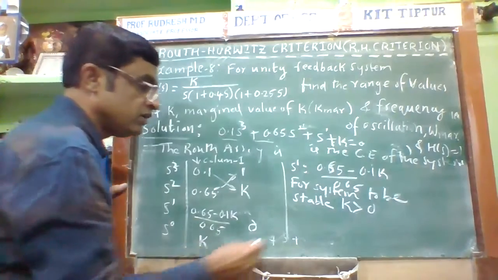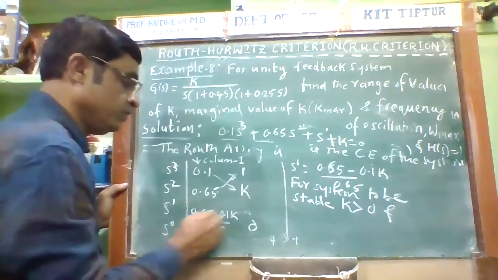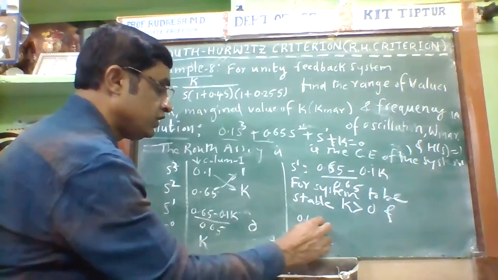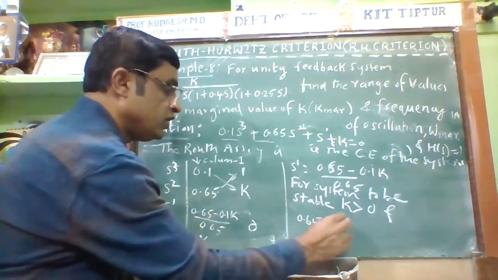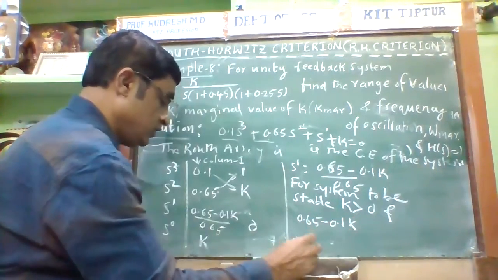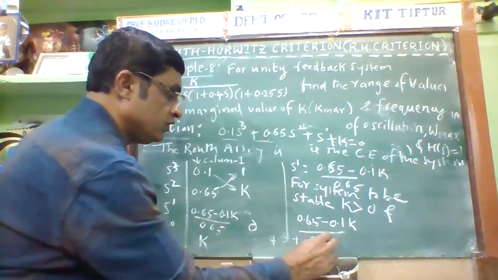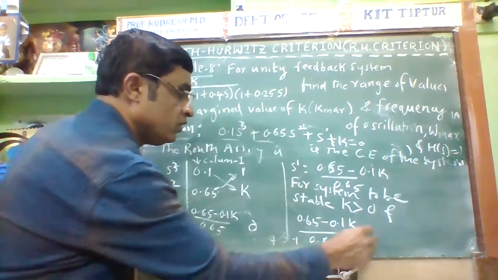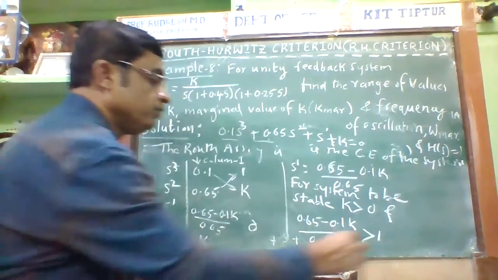Therefore, (0.65 minus 0.1K) divided by 0.65 must be greater than 0.